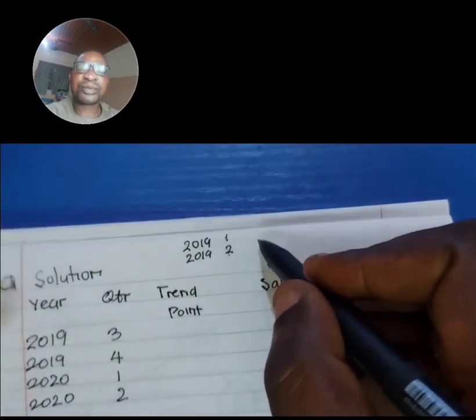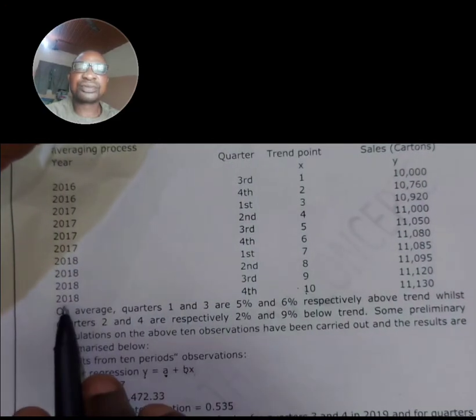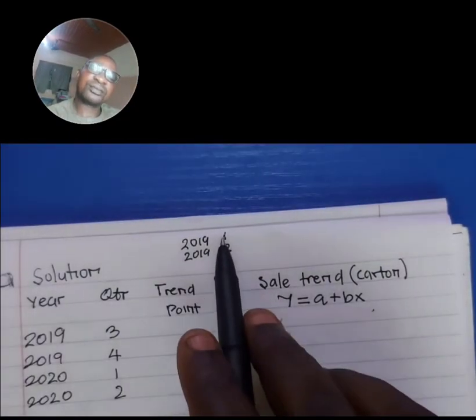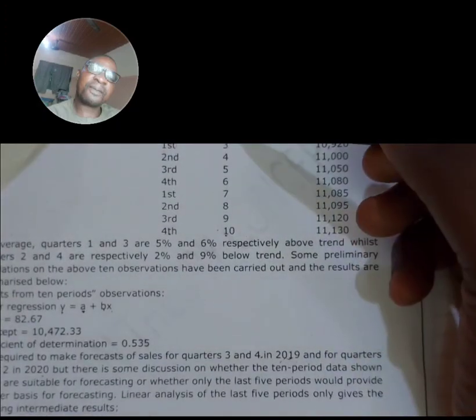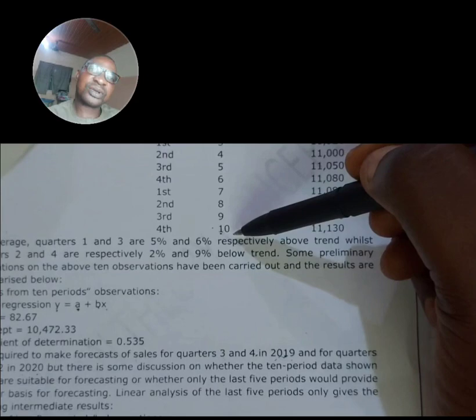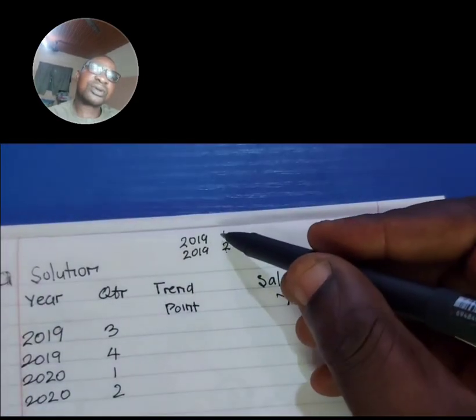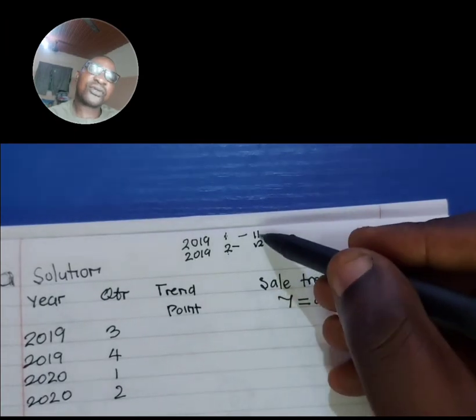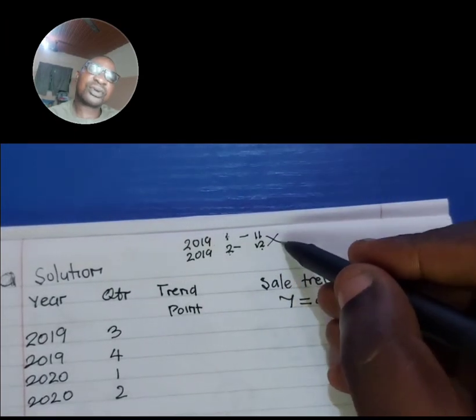For 2018, the trend point is 10. Counting 1, 2, 3, 4, 5, 6, 7, 8, 9, 10, that's 10 points. So for 2019, it's supposed to be 11 and 12. Do you get it? But these are not required.